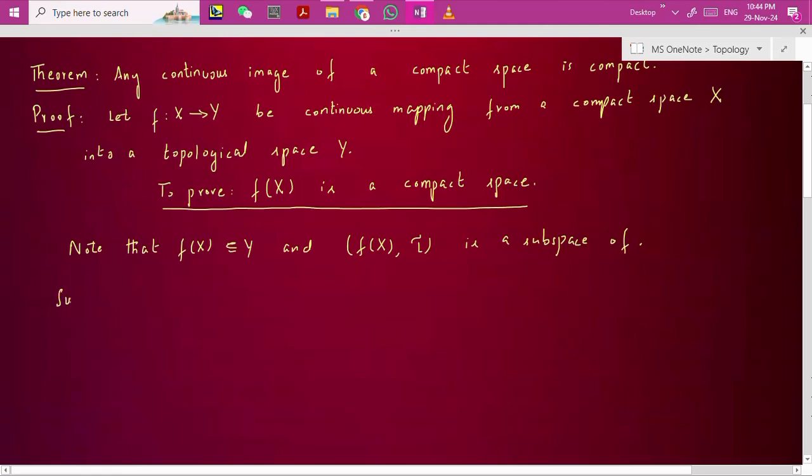Suppose that the family, or class, G_i where i belongs to I. We take a family of open sets, and we suppose that the family G_i, i belongs to I, is an open cover of f(X).